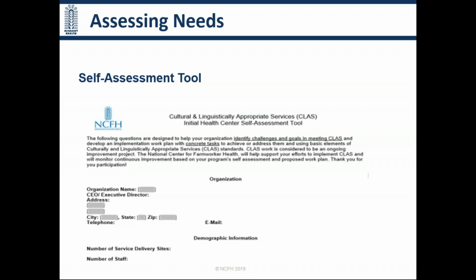As part of our CLAS learning collaborative, we created several tools that I'm going to share with you today to help you find out where you're at, because most likely you are addressing CLAS in some way. But it's going to be helpful if you have a formalized plan and know exactly: here are the things that we're doing that are working, here are some things that we need to improve on. And it helps with funding to have a plan.